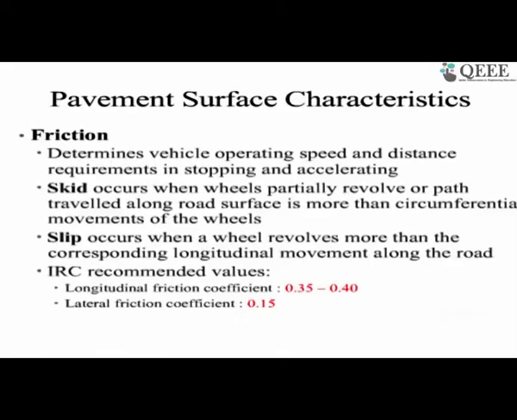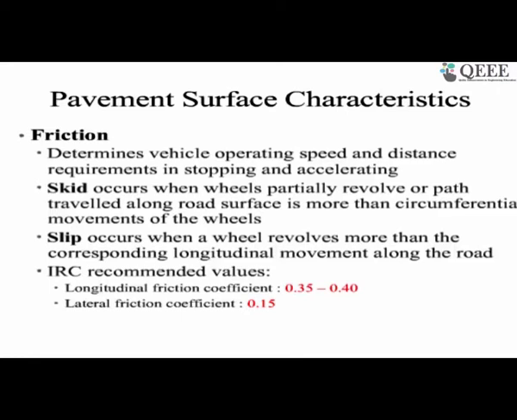So these are the various cross-section elements, and if we move on to the next part, which is the pavement surface, which we'll be discussing now in detail, the first thing we need to know about is the friction. If you recall, while we discussed stopping sight distance, we assumed the pavement friction to be 0.35 to 0.4.